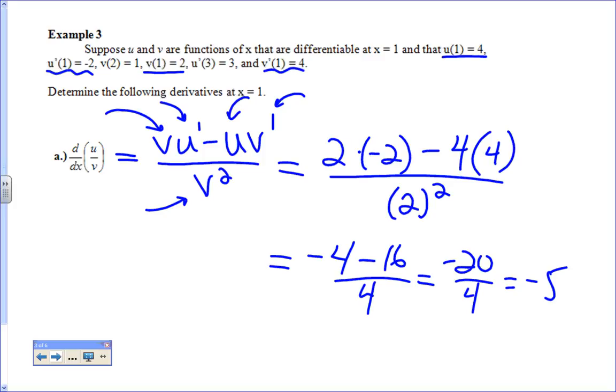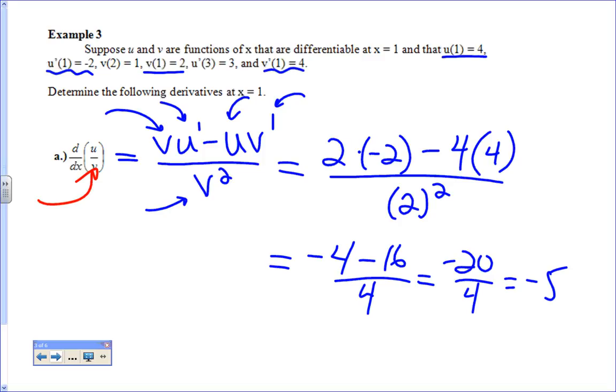For u? For v? Which function is that slope of at x equals 1? U over v. Yeah. It's the slope for that function.